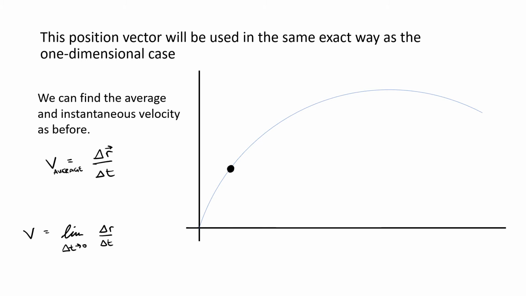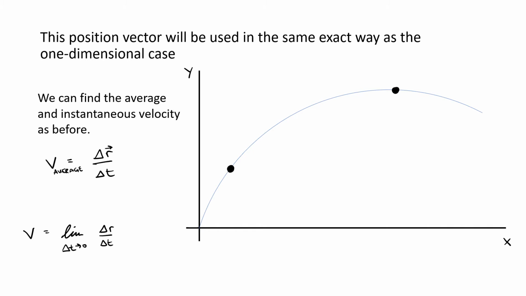And at one point, the ball is right here. And at another point, the ball is up here. And this is a two-dimensional graph. This is x, and this is y. So you can think of this as a side view of me seeing someone throw a baseball.